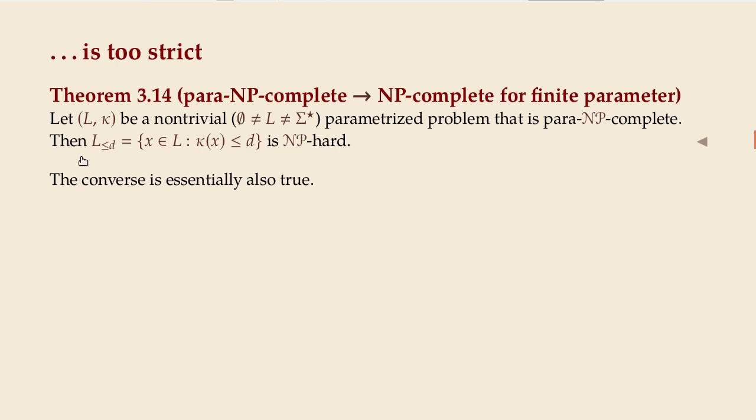Therefore, essentially only those problems were para-NP complete or para-NP hard, where even for a fixed value of the parameter, the problem is NP hard already. And our goal with fixed parameter tractability was to subdivide the NP complete problems into those that might at least be easy to solve for small values of this parameter k.